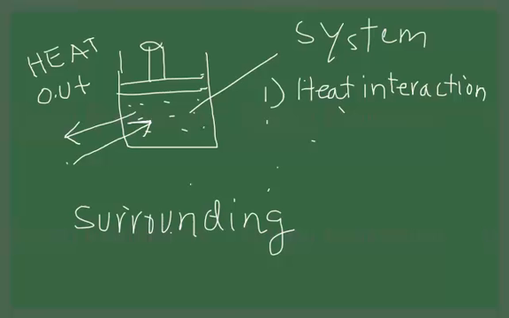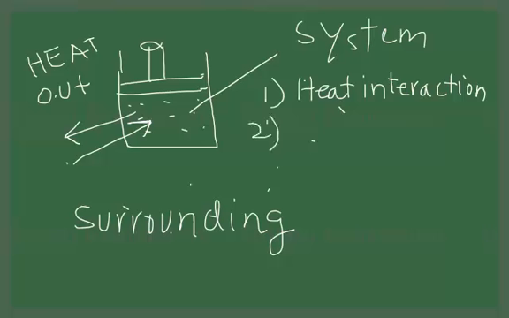So when you make a cup of tea, you give heat to the kettle where you prepare the cup of tea, and in this case heat is provided from the surrounding into the system. So this is called heat interaction.